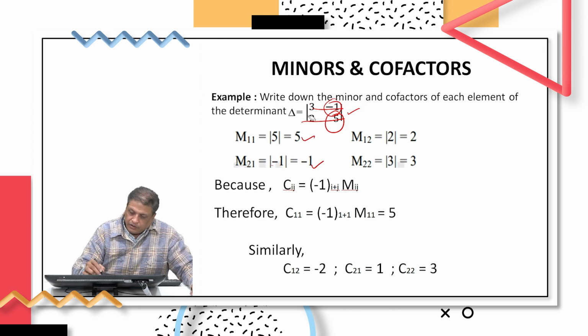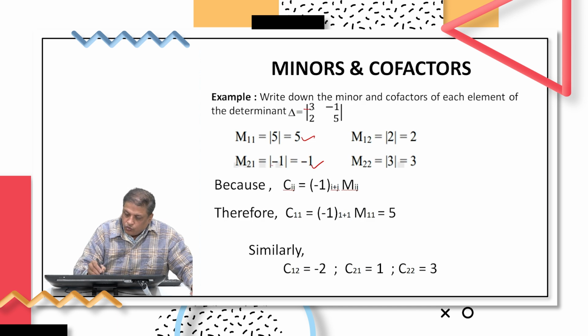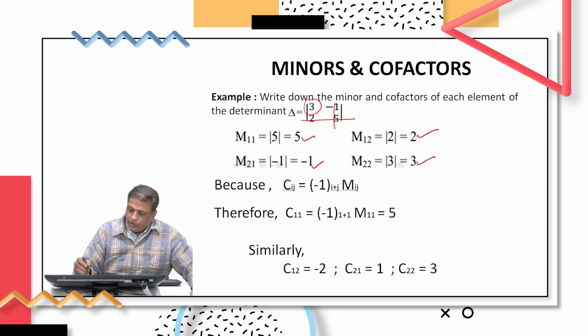And after this, M12, after removing its row and column, only 2 is remaining, and M22, only 3 is remaining. So we got these as the minors.